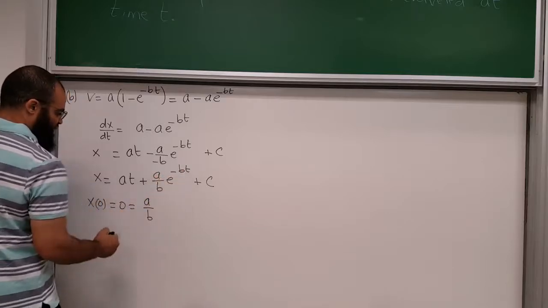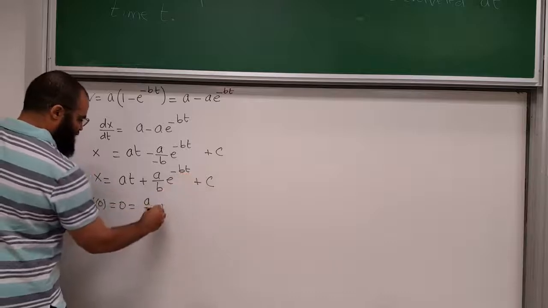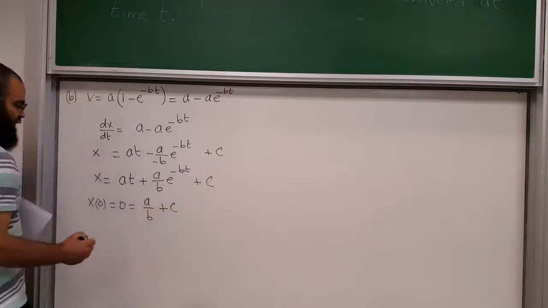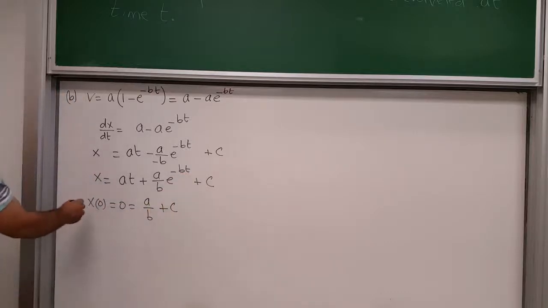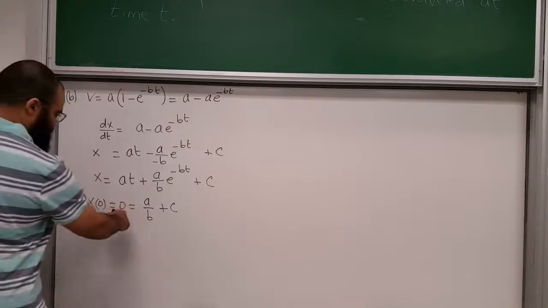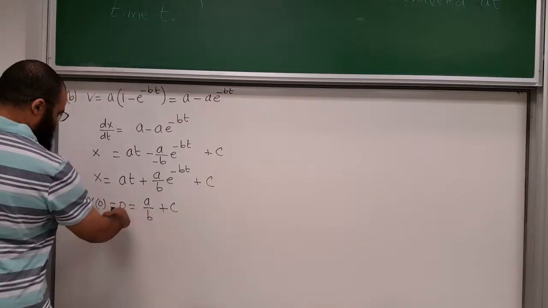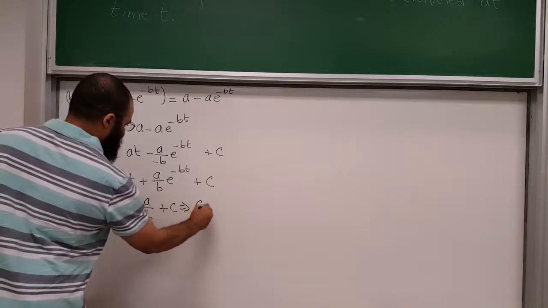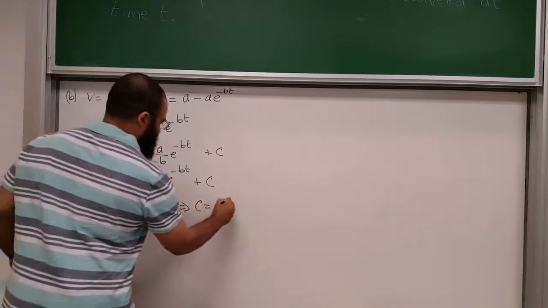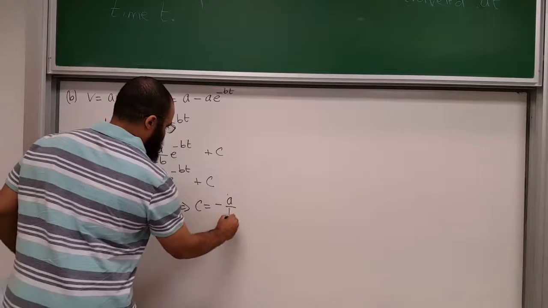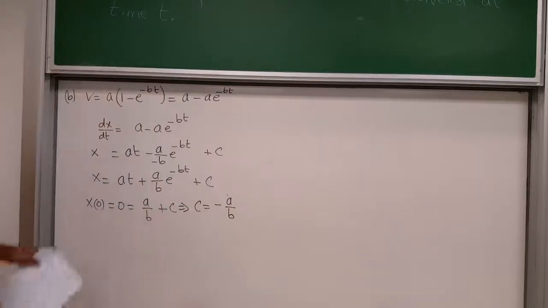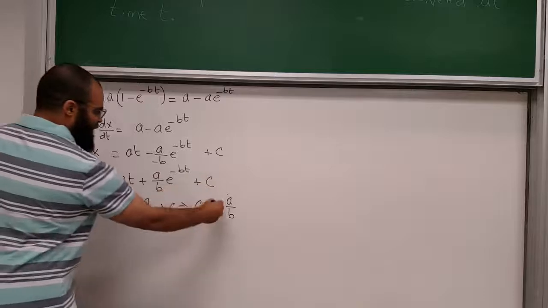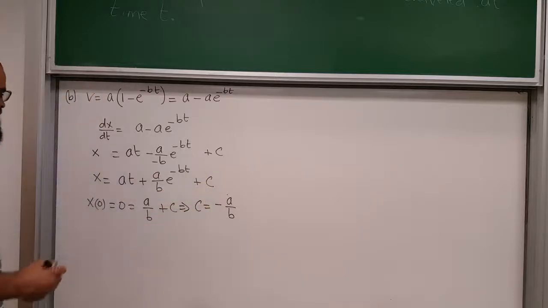So it's just a over b plus the constant, therefore a over b plus c is equal to 0. Therefore, c will give me minus a over b.